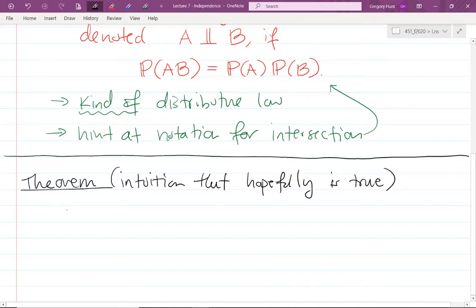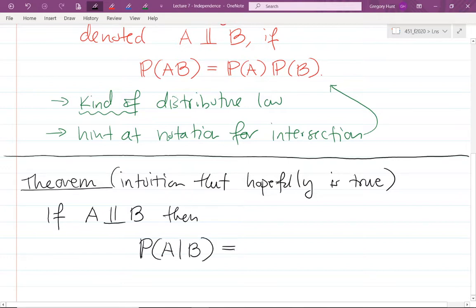So if I have two events, A and B, and they're independent, I could look at, going back to last lecture, say, the probability of A given B. Our layman's definition of independence says that the occurrence of A or not doesn't affect the probability of B, and the occurrence of B or not shouldn't affect the probability of A. Conditional probability is giving us information.